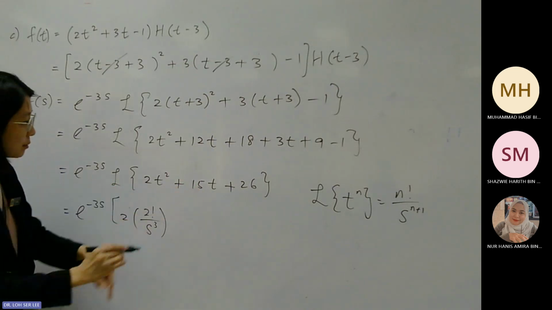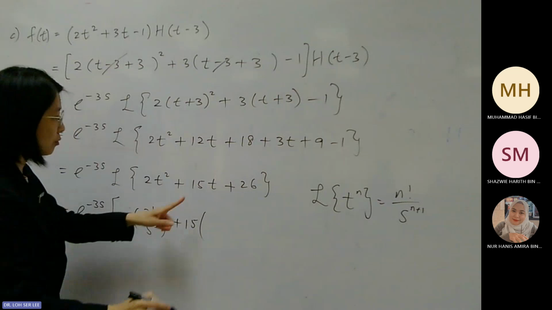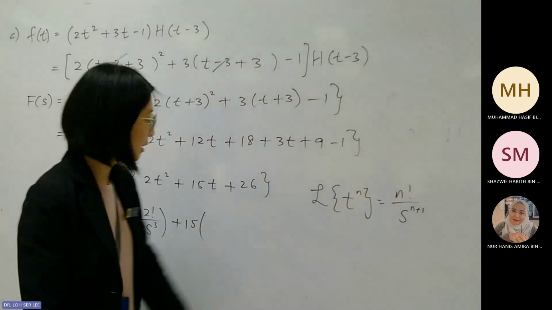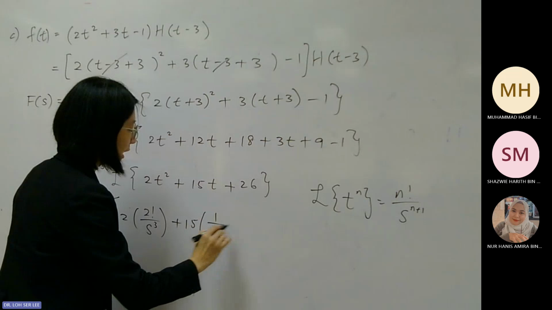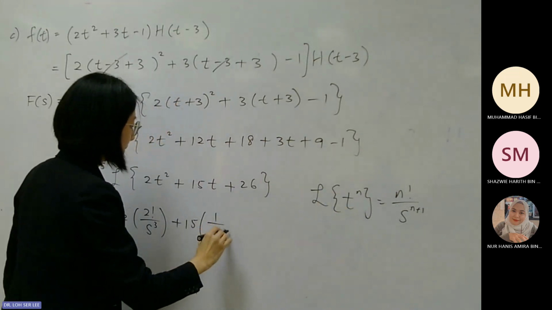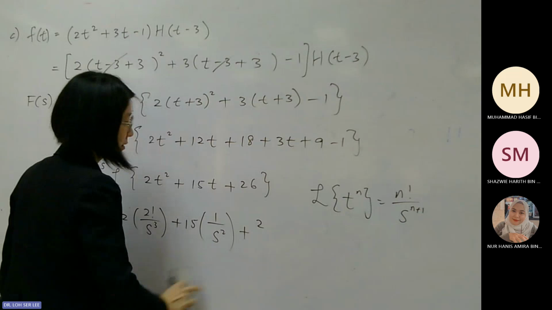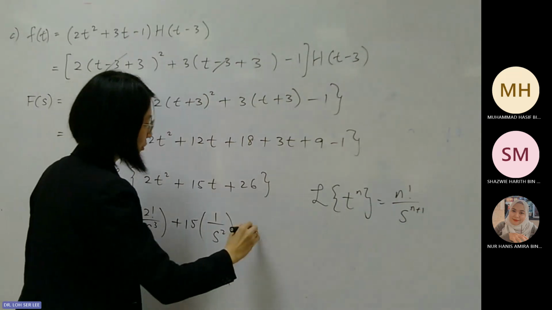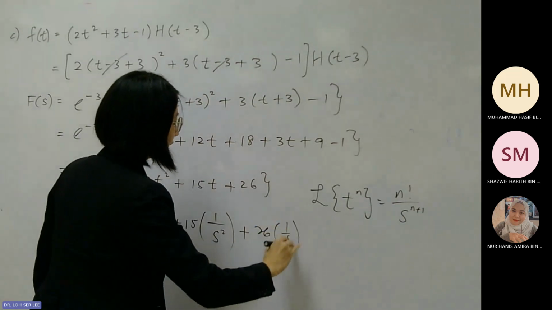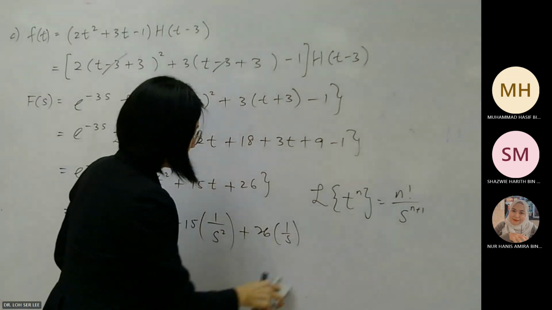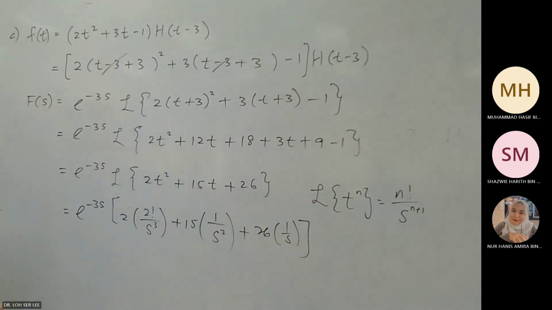Okay, and this one plus 15t. t is to the power of 1, so you have 1 factorial over s squared. Plus 26. 26 is the constant, so 1 over s, I'm sorry. If you refer to the table, Laplace of 1 is 1 over s.